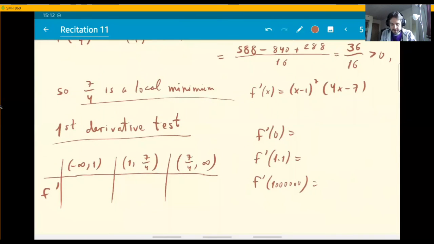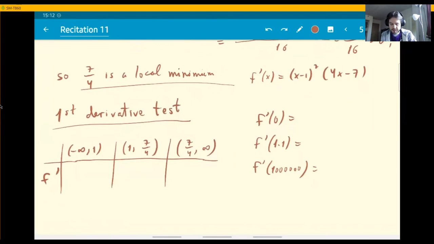Namely, notice that the first expression, x minus 1 squared, is always positive or 0. That's not going to affect the sign. So you don't actually need to know the value of that expression. You just need to understand the second expression, x minus 7 over 4. That one's going to change sign at the number 7/4. So if you think about it that way, it's easy to understand what's happening. But if not, you can just plug in the numbers here.